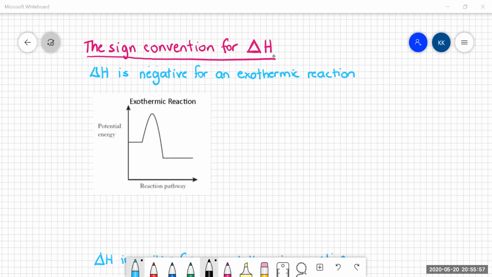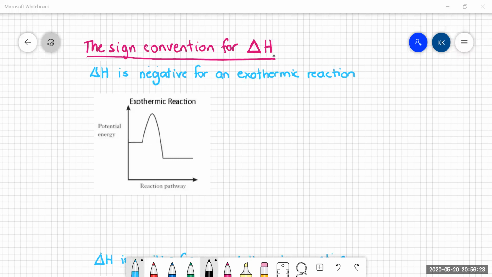But in any case, the sign convention for delta H, and we say it's a convention because it doesn't have any meaning other than it just tells us whether it's exo or endothermic. The sign convention is that exothermic reactions have negative delta H's and endothermic reactions have positive delta H's. Let's explore how that is worked out.